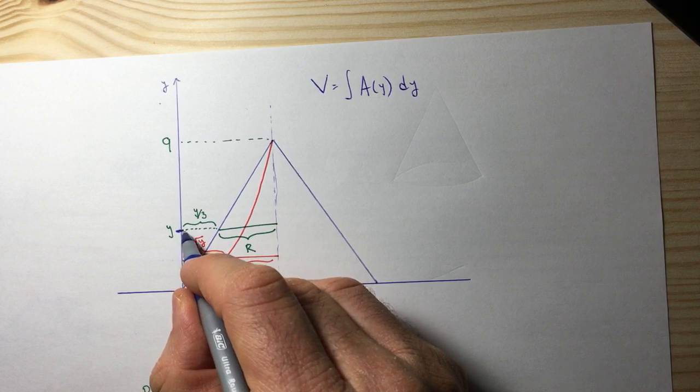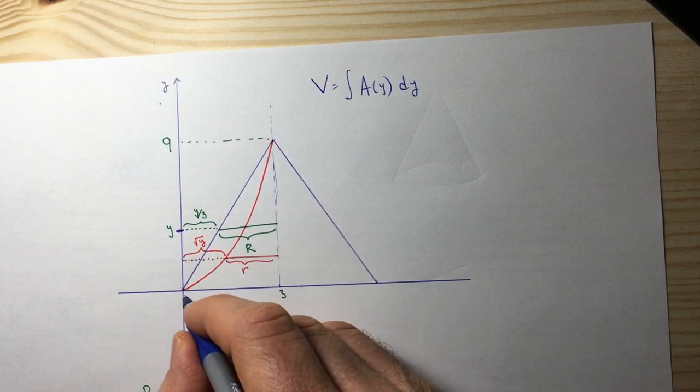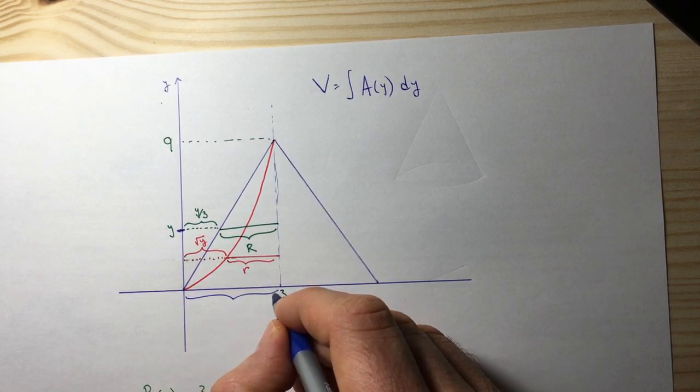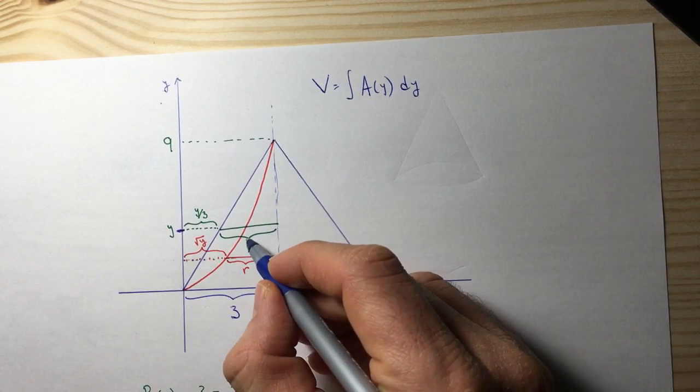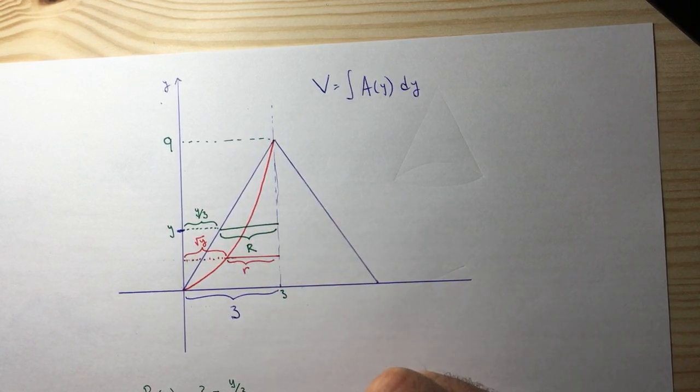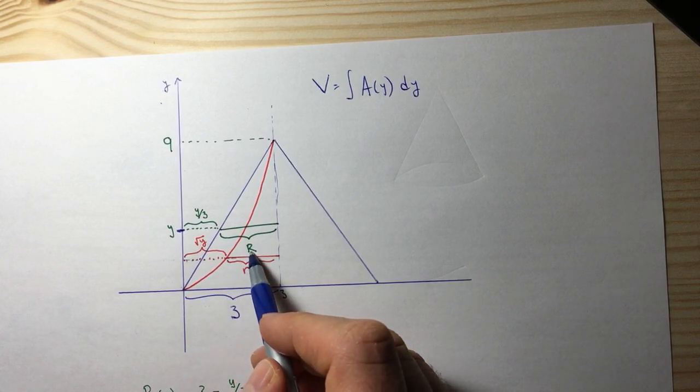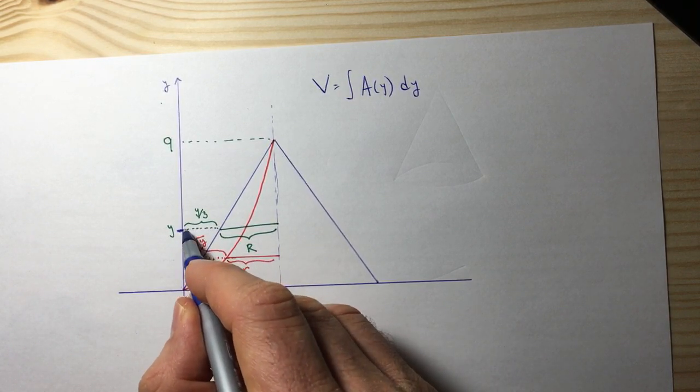And the question is, how much is this part right here? Because this distance, we know how much it is. This distance is constant 3. I can express the big radius if I know this distance.